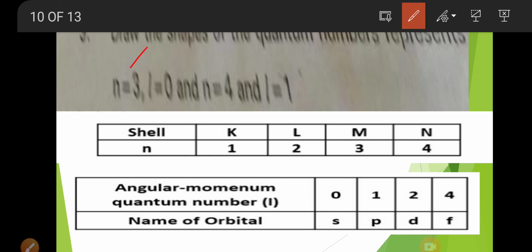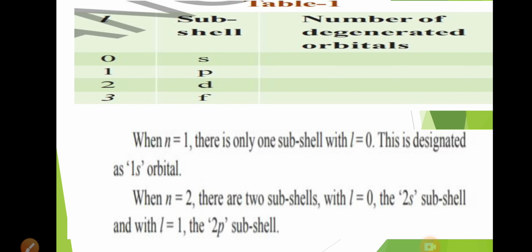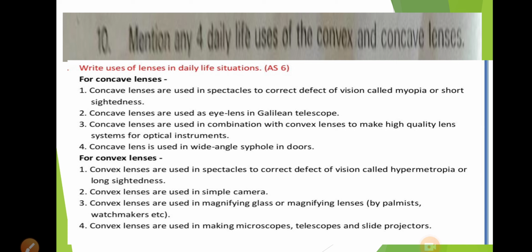Like that, in the question, n is equal to 3, so we write 3, and L is equal to 0 means it is the s orbital, so 3s. Next, n is equal to 4, so we write 4. L is equal to 1 means p, so that is 4p. So we have to draw the shapes of s and p orbitals. Okay, a few questions are like that, application questions. We should have knowledge of the concepts.